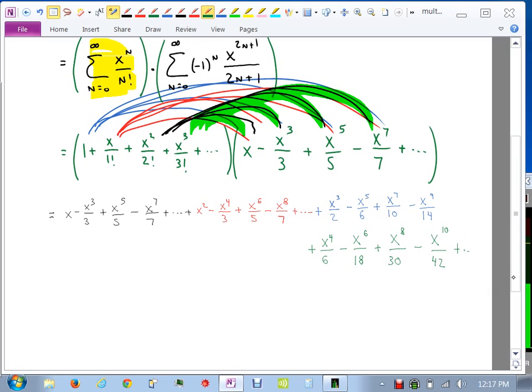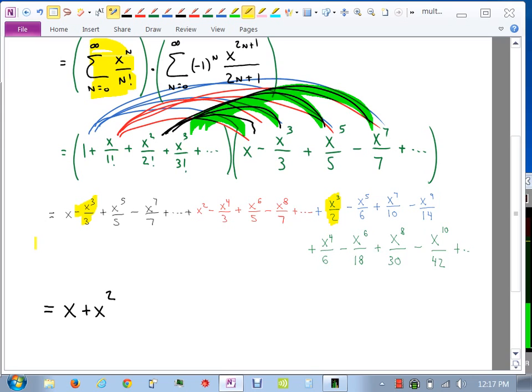Now I want the first 4 terms. So the first 4 terms would mean from lowest power of x up. So what's the lowest power of x I have? x by itself. So this equals x. Now, x squareds. Do I have any x squareds? I have 1 x squared, so plus x squared. I've got 2 of the 4 terms. Now x cubed. I have x cubed here, x cubed here.